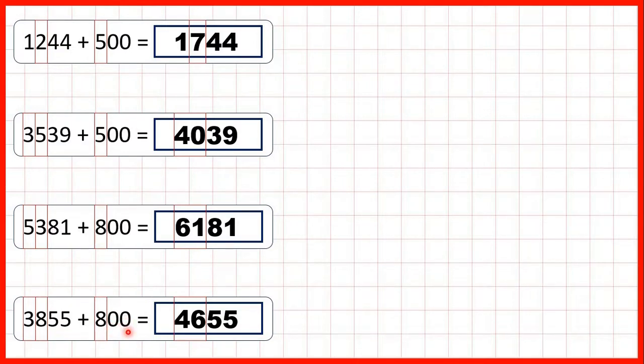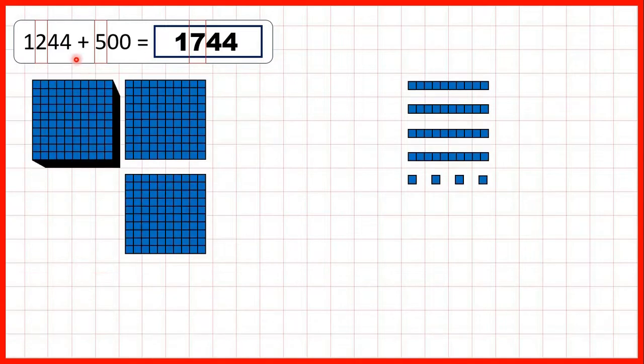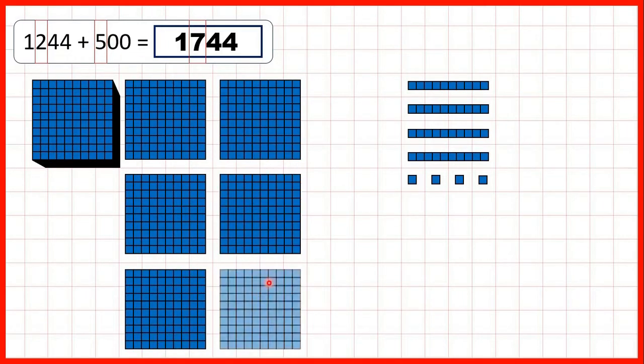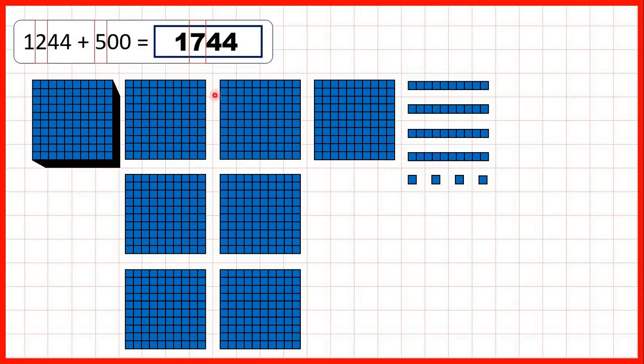So if we look back to this first question, we started with 1,244, so 4 tens and 4 ones. We were adding 500, so when we add 1, 2, 3, 4, 5 hundreds, we can see that the only thing that's changed is the number of hundreds we have. We now have 7 hundreds, so only that digit changes in this first question.